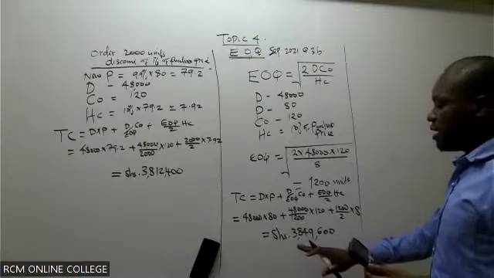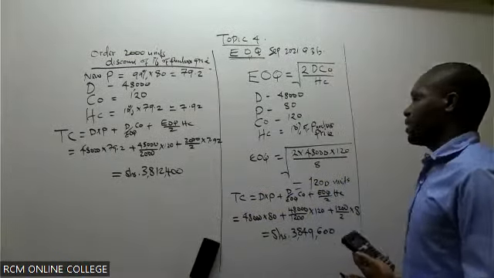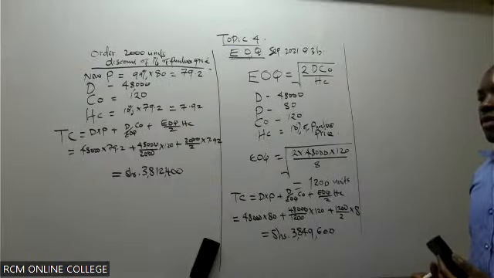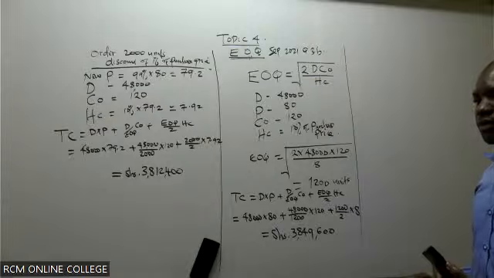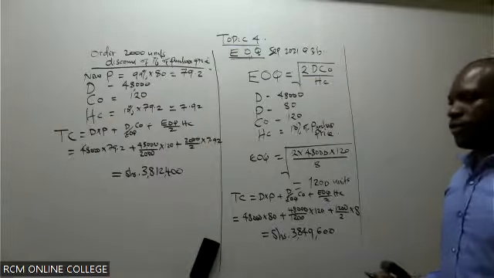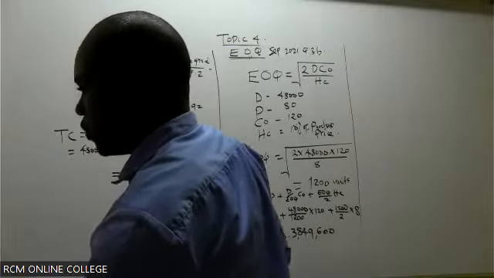Is there anyone who is getting something away from these two figures? If yes, please let us know so that we can assist you. Anyone getting something away from these two figures? Good. So I believe all of us have now been able to confirm what is going on.